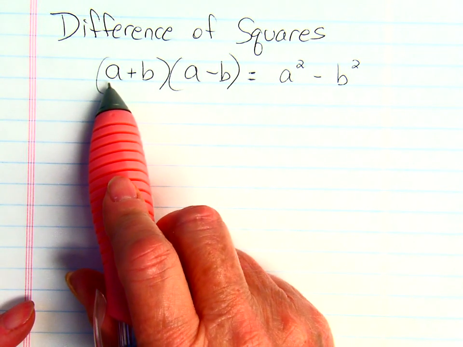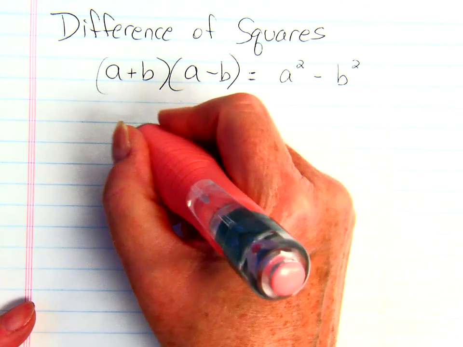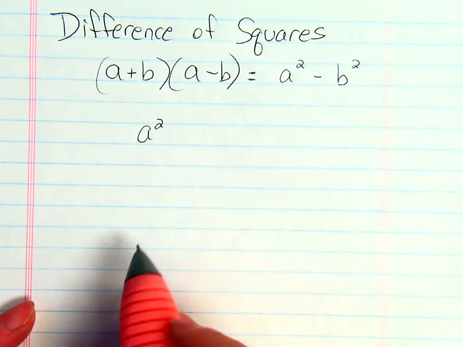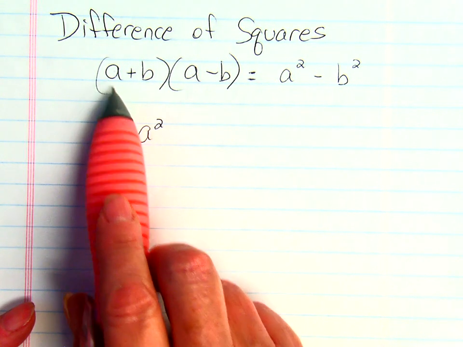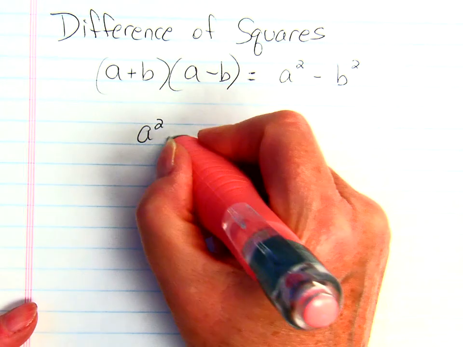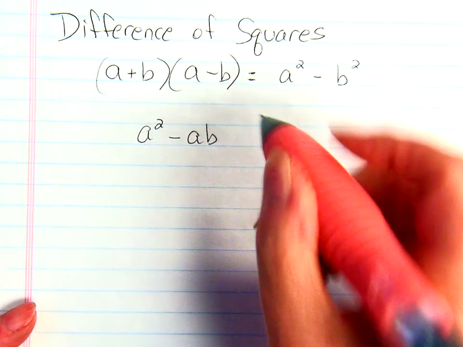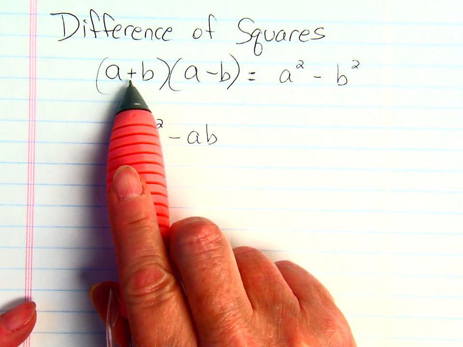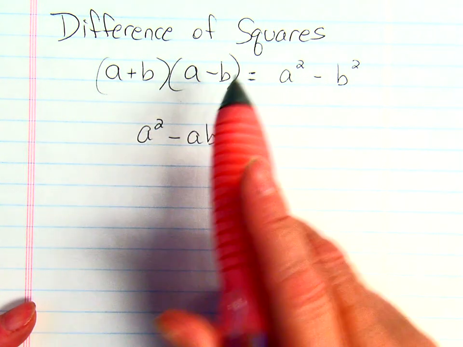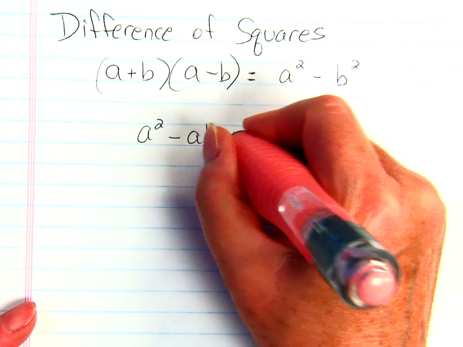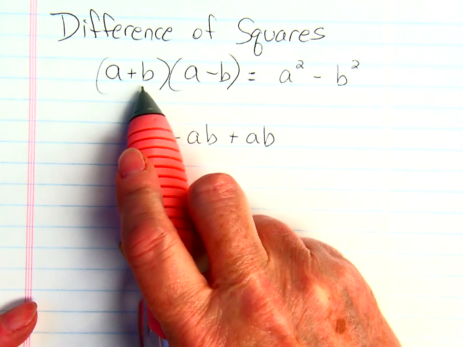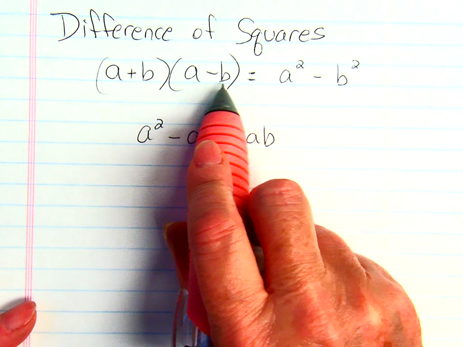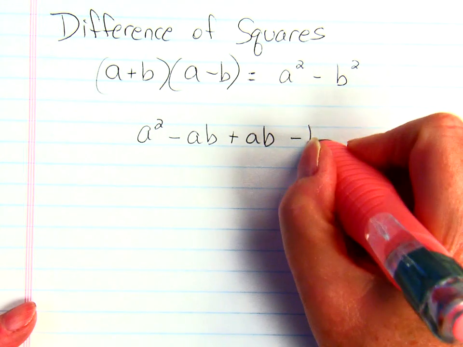Okay, so first, a times a is a squared. And then outside, a times a negative b is negative ab. And then inside, positive b times a, putting it in the proper order, is positive ab, and then positive b times a negative b is negative b squared.